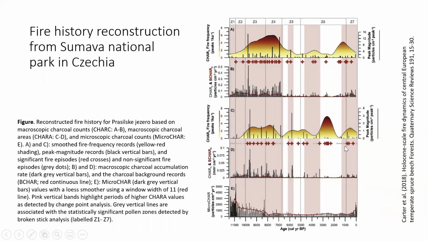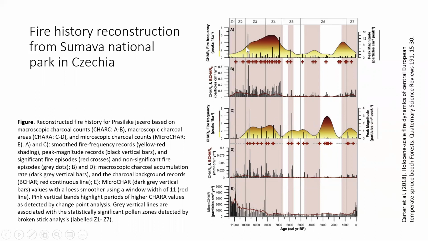significant fire events. Here is the count data, and again significant fire events, and then they've determined the fire frequency based on the peaks and how frequently the significant fire events are reoccurring.